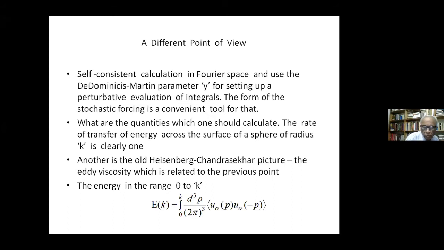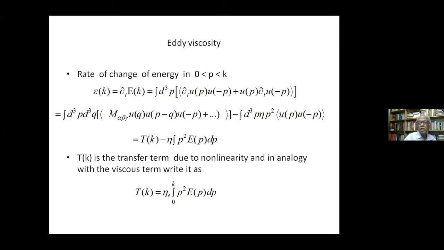Whatever one calls it, it was called eddy viscosity, but all that it is is a renormalized quantity. So the energy in the range from 0 to k, that's what this expression is, the integral from 0 to k of the velocity squared.